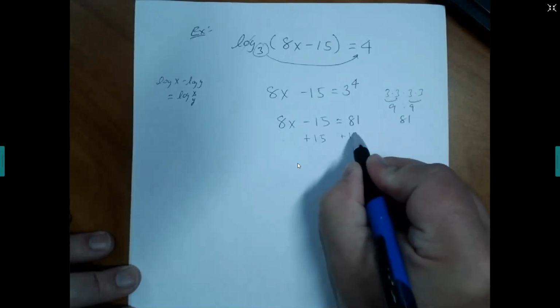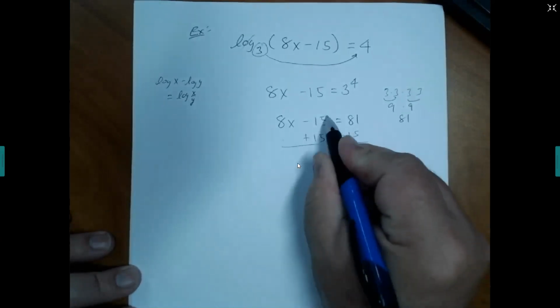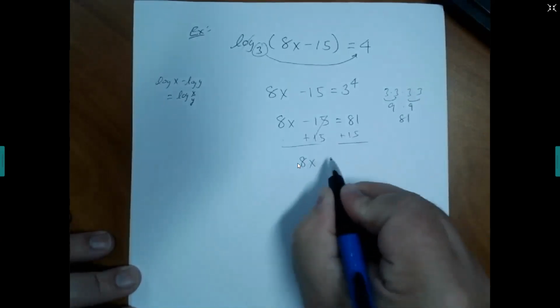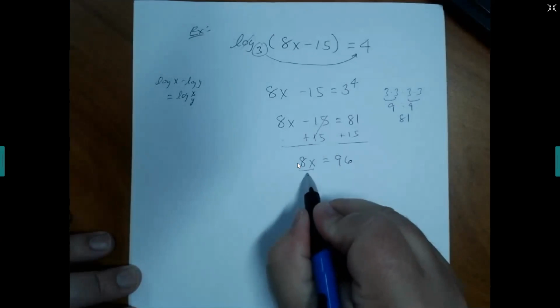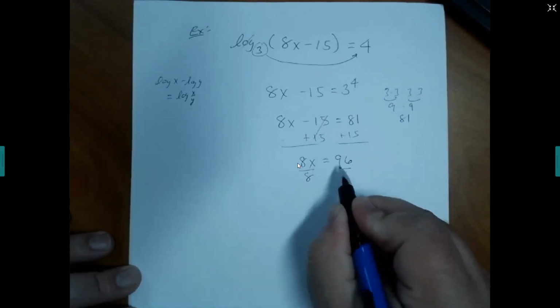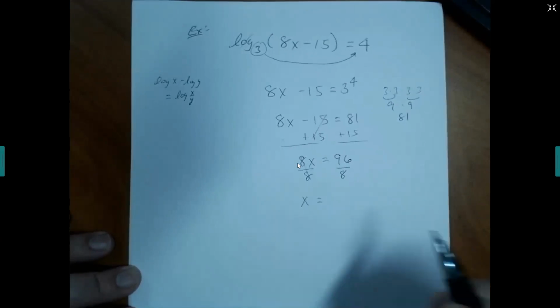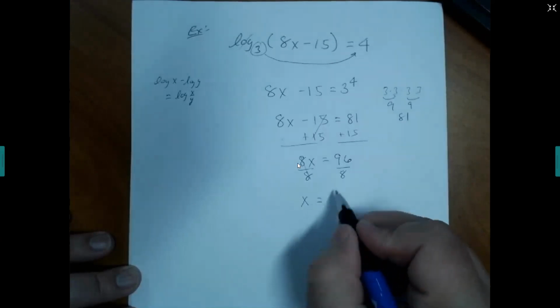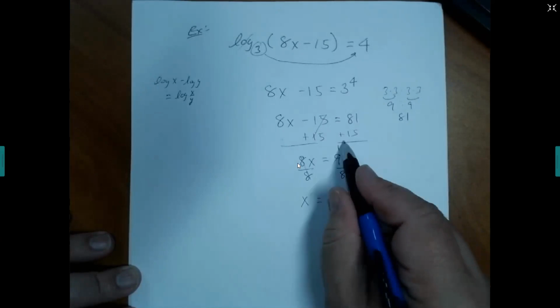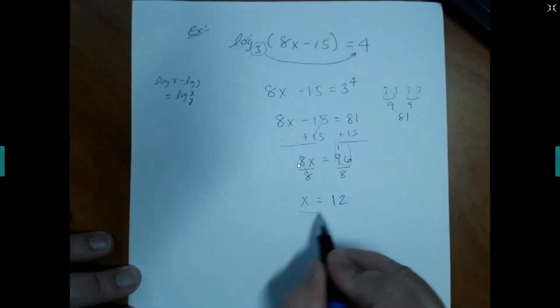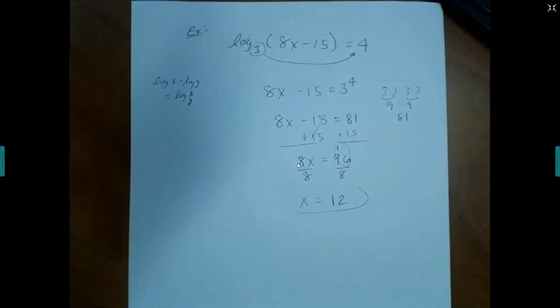Add 15 to both sides. 8x equals 96. Divide both sides by 8. 8 goes into 9 once with 1 left over. 8 goes into 16 2 times. The answer is 12.